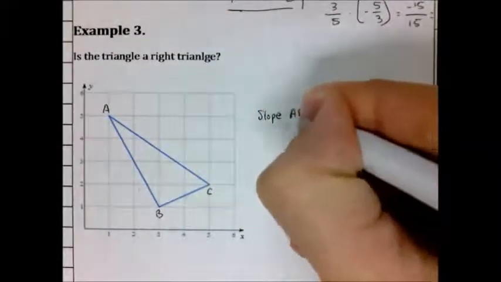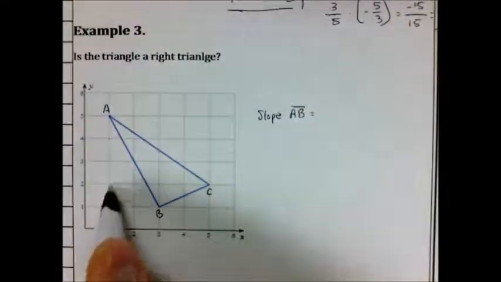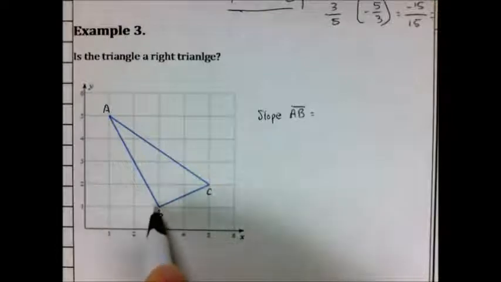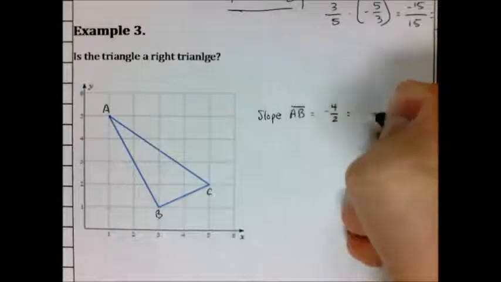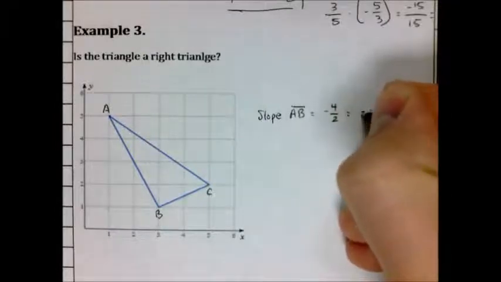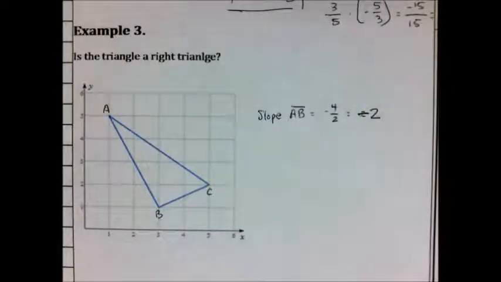And the slope of AB, line AB, we see goes down 1, 2, 3, 4, and it runs 1, 2. So the slope is -4 over 2, which reduces down to -2 over 1, or just -2.